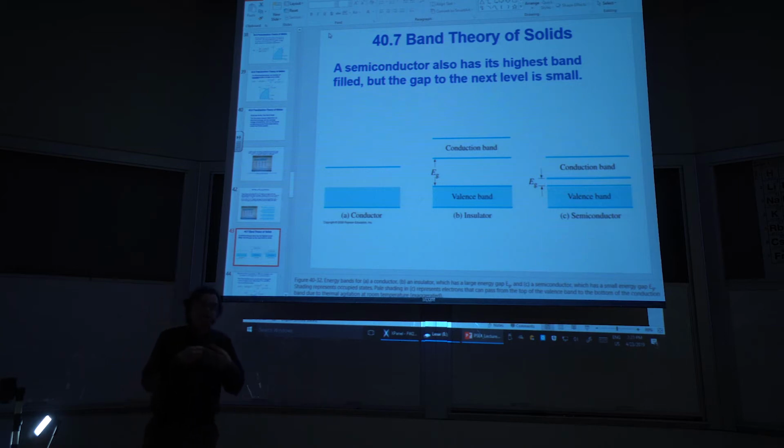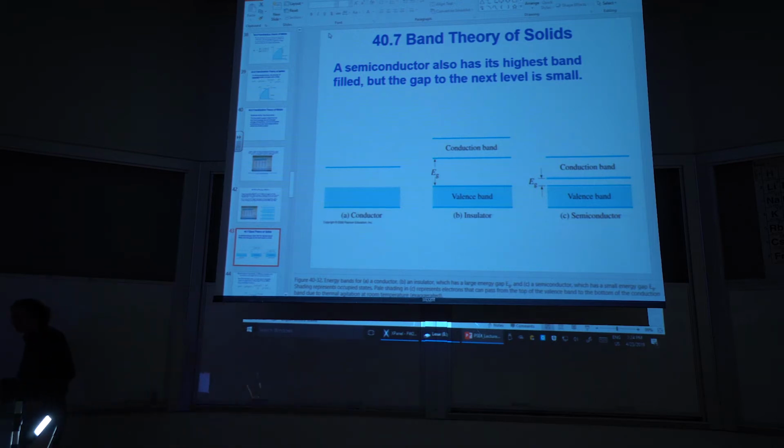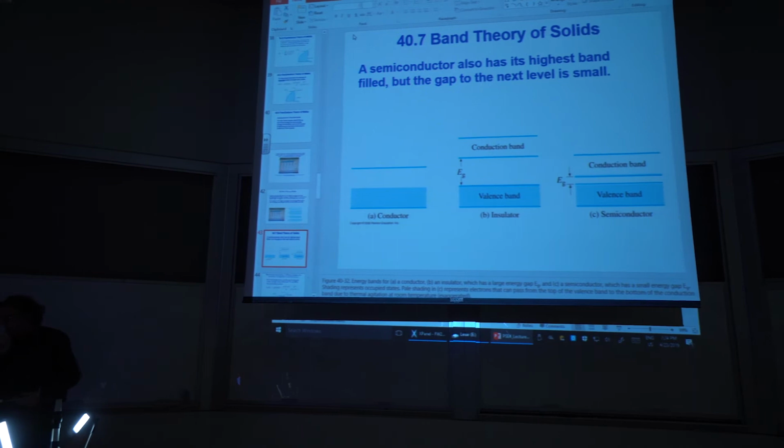Not terribly small, but a much smaller energy gap to get electrons thermally bumped up into the conduction band, which is much easier than in the case where I need a much larger energy jump to get those electrons up there. So, I think we have an example to work out in the coming.